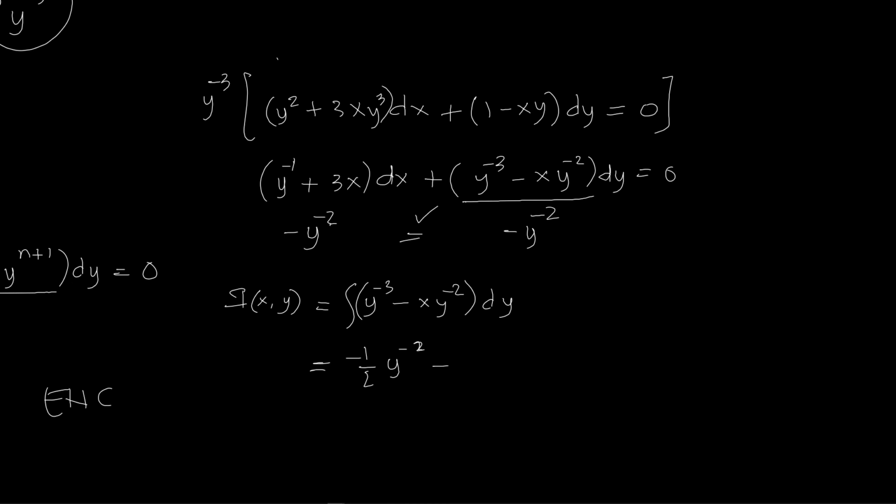Then minus, since negative 2 exponent plus 1 gives negative 1, it becomes positive x, y to the power of negative 1. Then plus g of x, since it is a function of x.